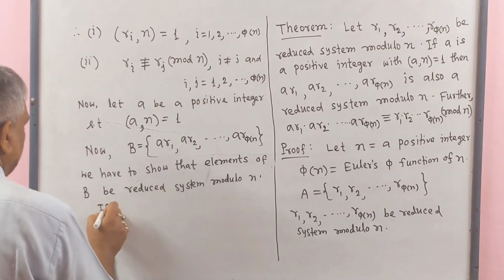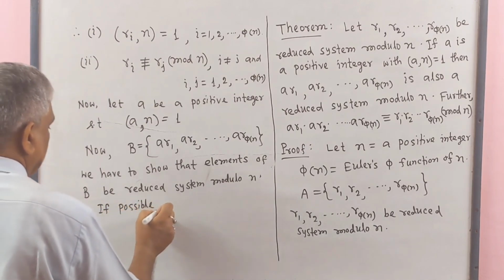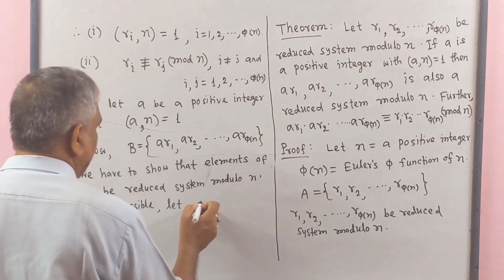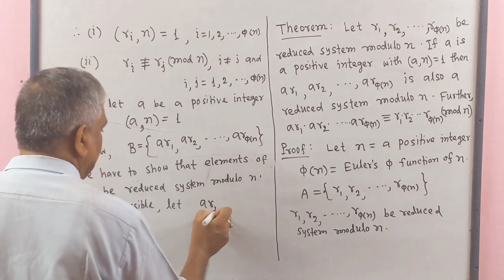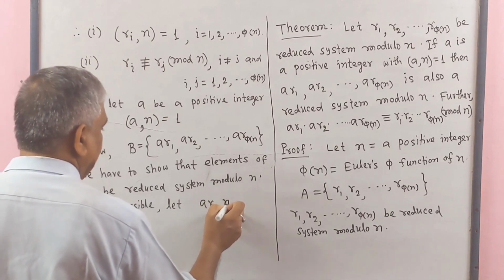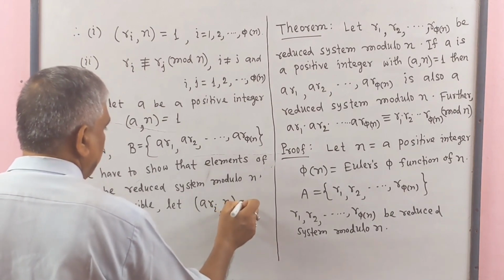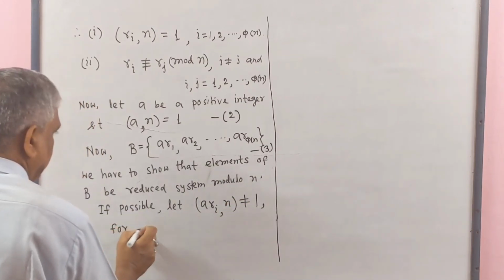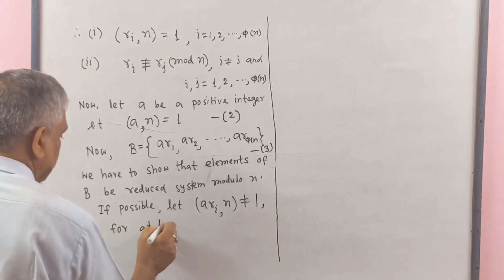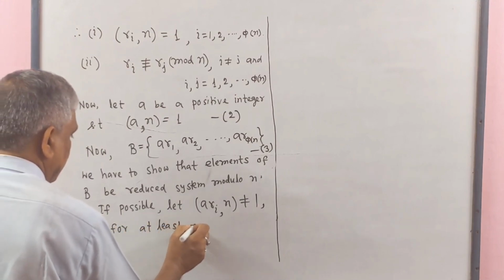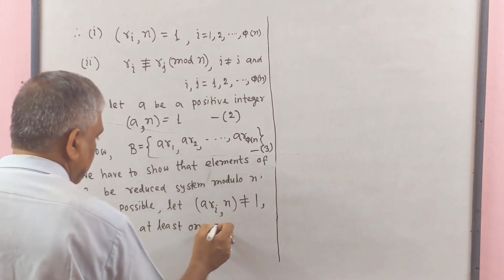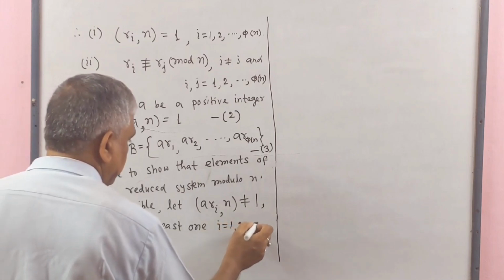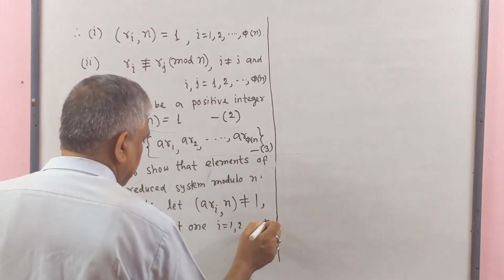If possible, let GCD of a r_i and n not equal to 1 for at least one i equal to 1, 2, ..., phi n.